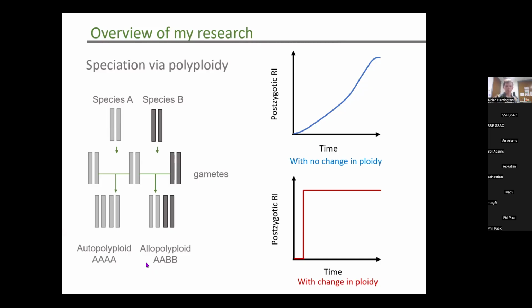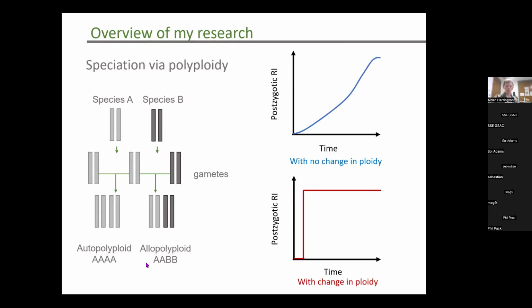In the case of diploid speciation, you might expect that post-zygotic reproductive isolation will increase over some timescale, whereas when you have speciation via polyploidy, you get this immediate jump in post-zygotic reproductive isolation in a single generation, which is a really profound and dramatic change that we don't typically see.